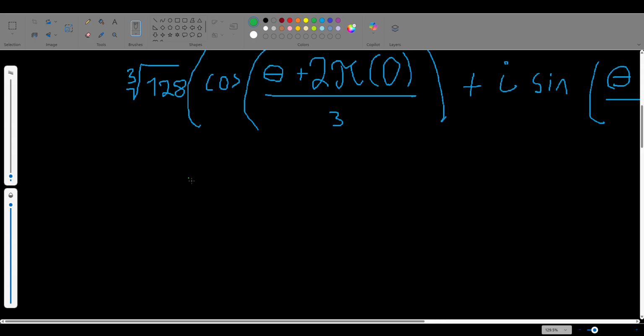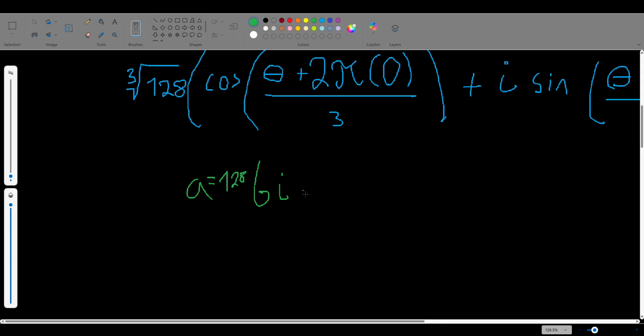Basically we have our real part a and our imaginary part bi. Here we don't have an imaginary part. We only have a, which is 128.